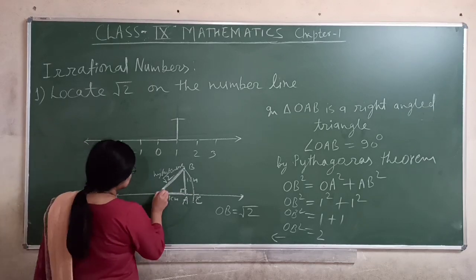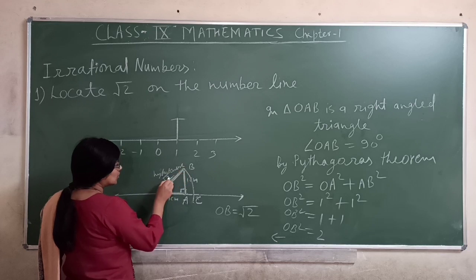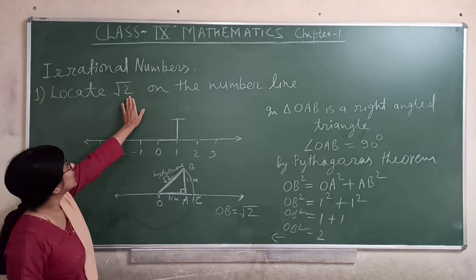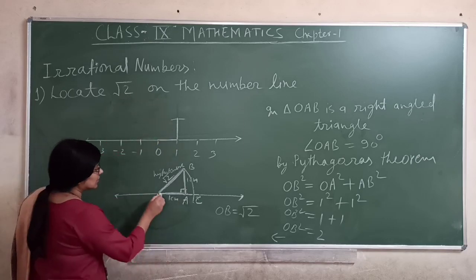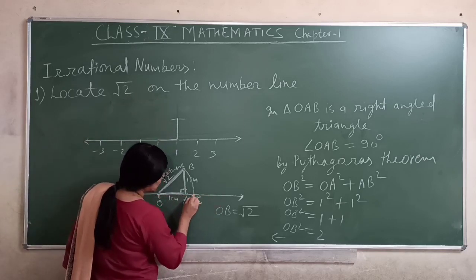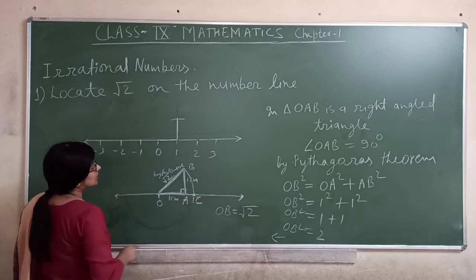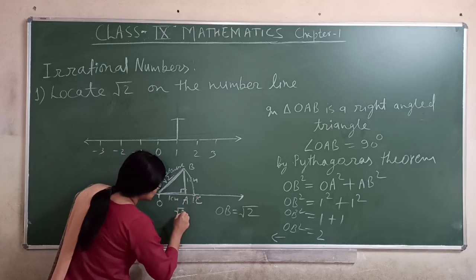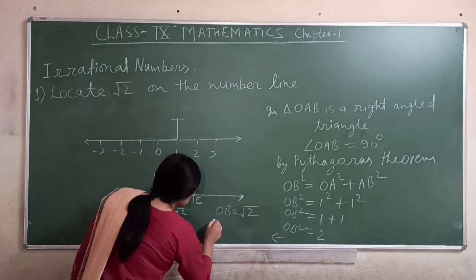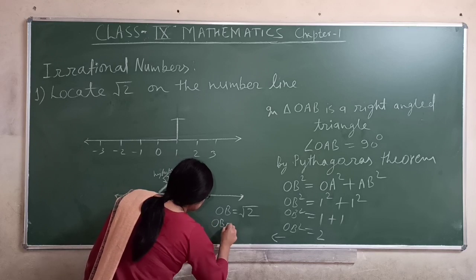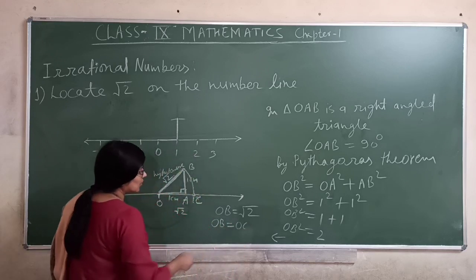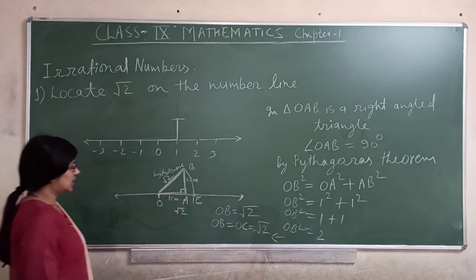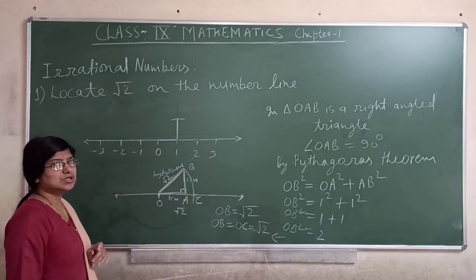So how much is OB? OB is root 2. And we have to represent or locate root 2 on the number line. So this is your number line. Point C represents OC. This OC represents root 2. OB and OC are both equal, radii of the semicircle, that's why this represents root 2.